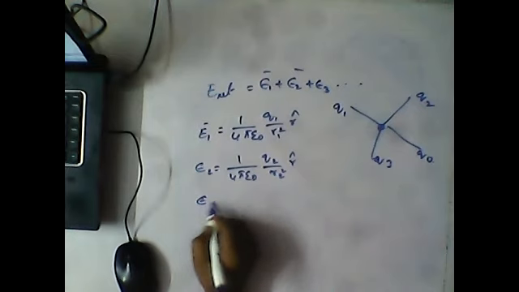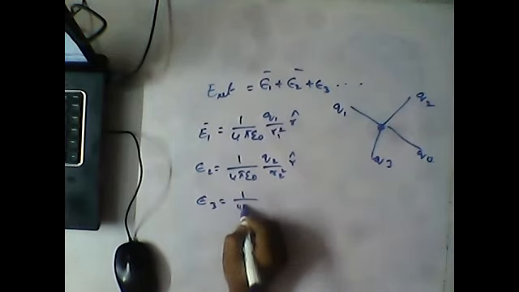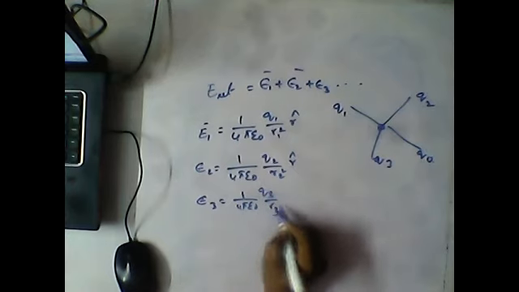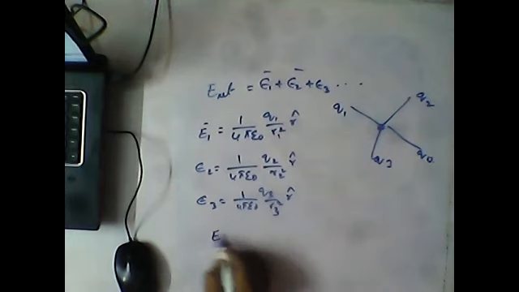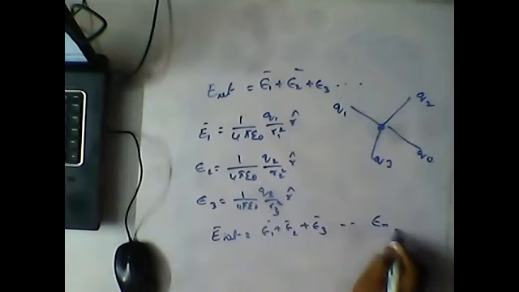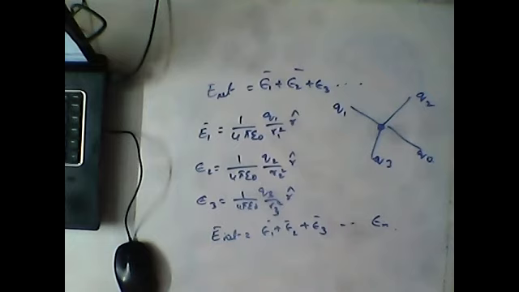And E3 is equal to 1 by 4 pi epsilon Q3 by R3 square R cap, and so on. So E net is equal to E1 plus E2 plus E3, and so on, up to En. Clear? So this is the formula we need to use for finding the effective or net electric field.